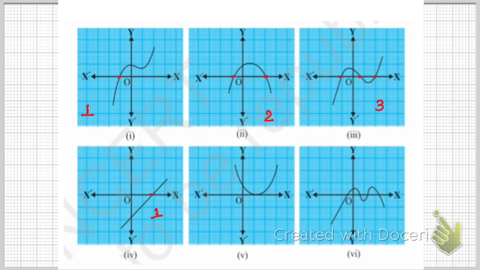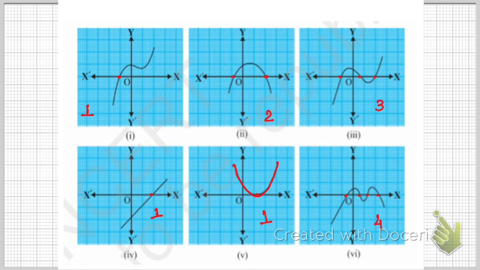In the fifth one, the number of zeros is again 1. It is touching the x-axis at 1 point only. But since this is a parabolic graph, we will say that this is a quadratic polynomial. In the last one, the number of zeros is 4, since it is touching the x-axis at 4 different points.